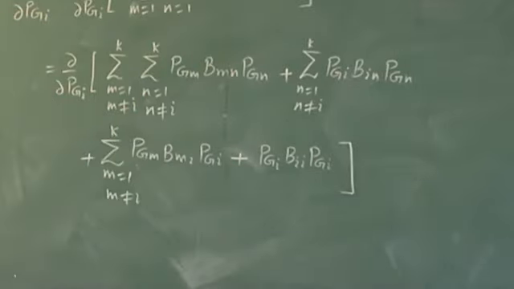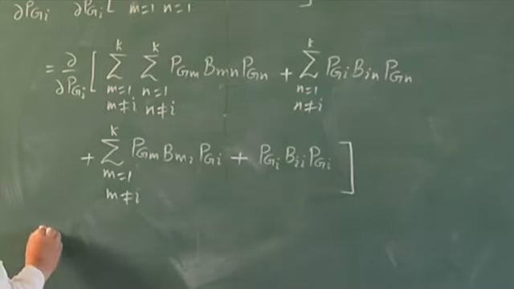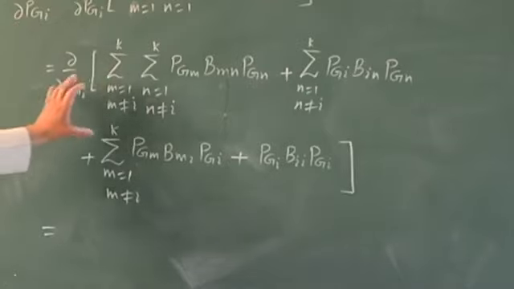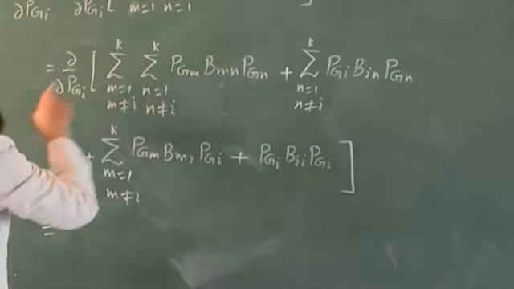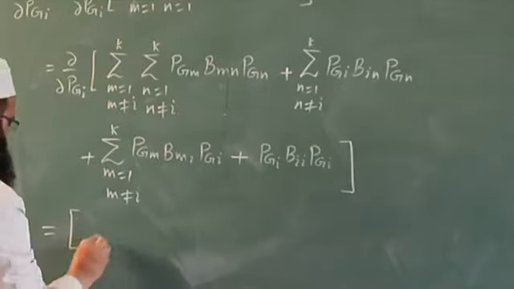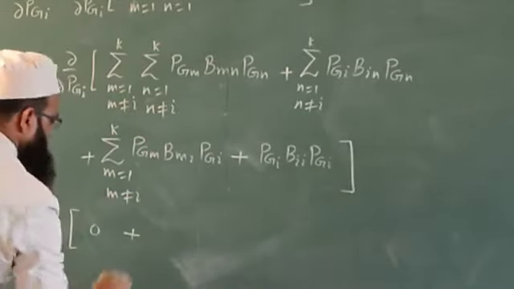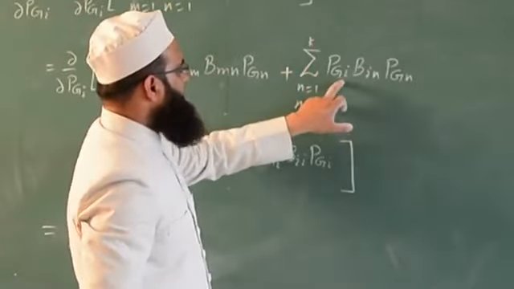So next, the incremental transmission loss at the ith plant can be written as del upon del PGI of this. This part is constant, independent of PGI, hence write 0 corresponding to this. Corresponding to the others, only PGI is depending.